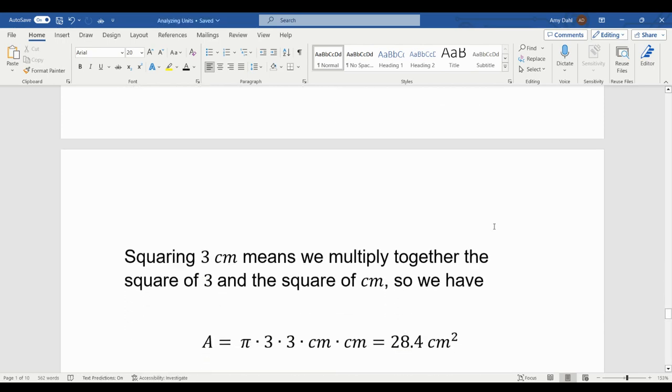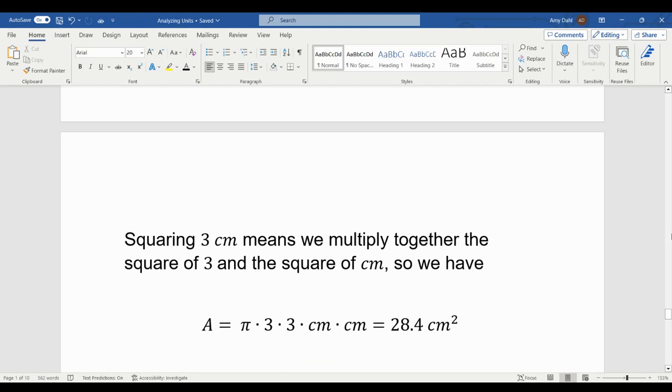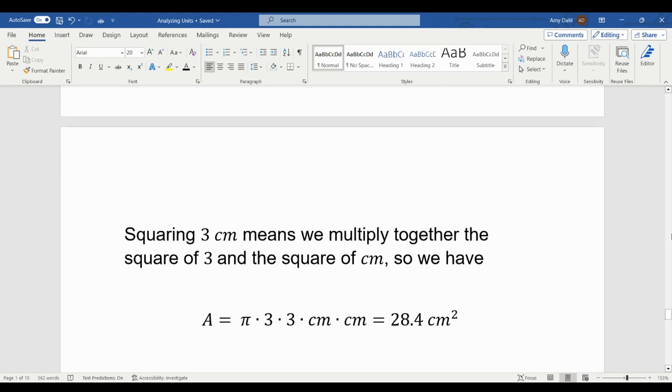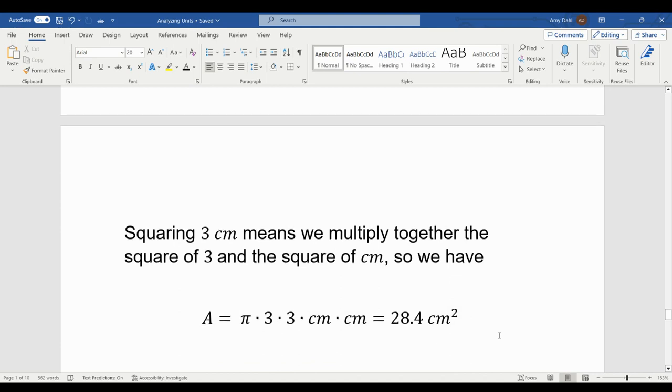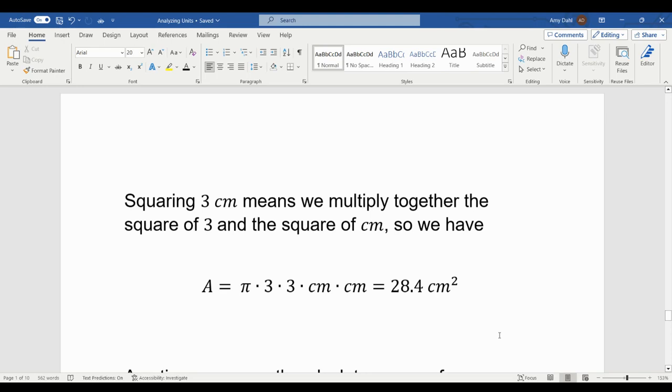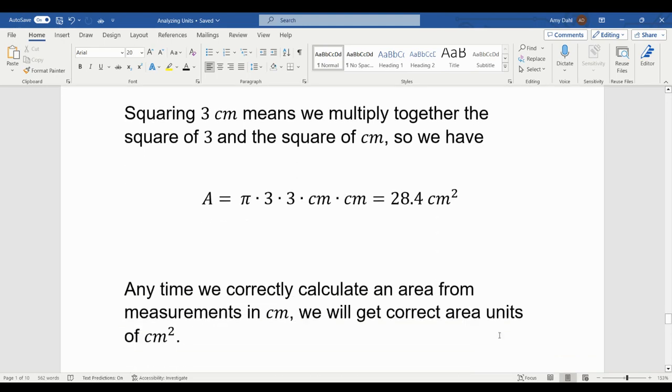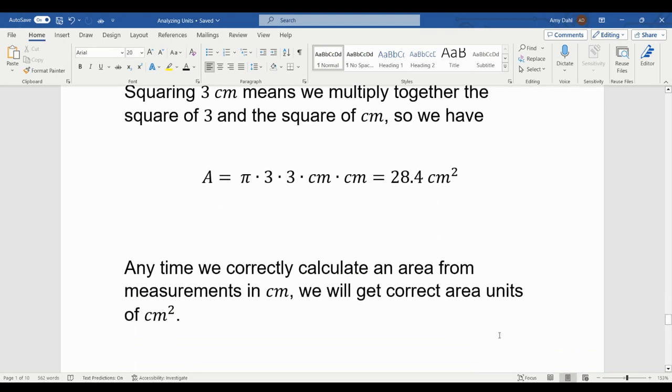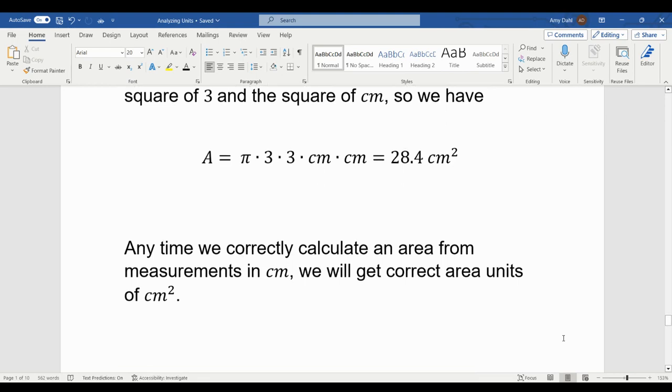Squaring 3 centimeters means we multiply together the square of 3 and the square of centimeters. So we have area equals pi times 3 times 3 times centimeters times centimeters, which equals 28.4 centimeters squared, 2 factors of centimeters. Anytime we correctly calculate an area from measurements in centimeters, we will get correct area units of centimeters squared.